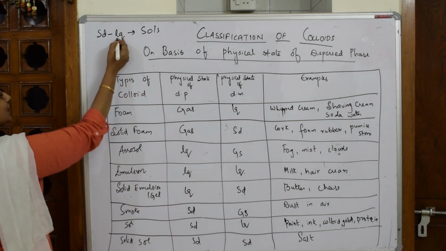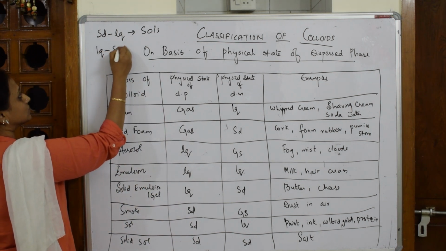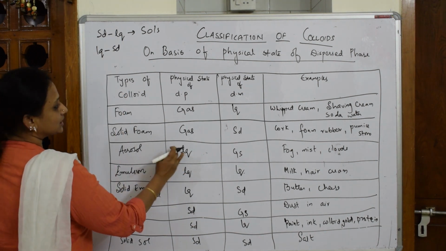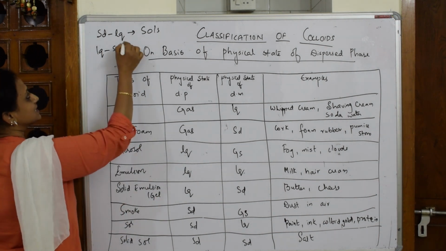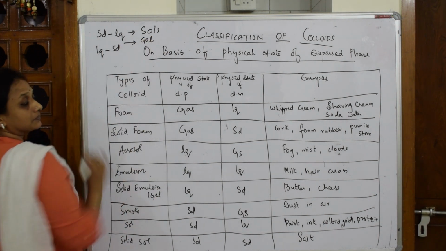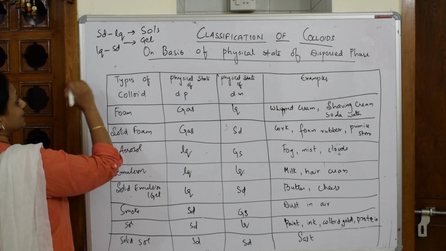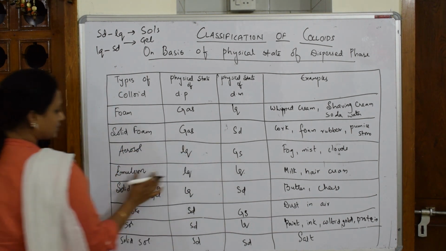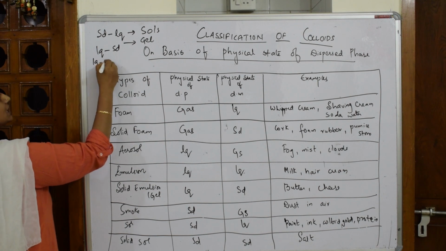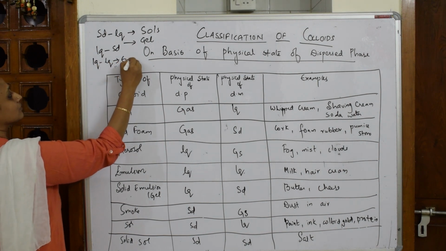Then if I have liquid dissolved in solids, see here, liquid, where is it? Liquid dissolved in solids, I call them gels. Suppose I have liquid in liquid, where is liquid in liquid? This one. Liquid in liquid, we call them emulsions.